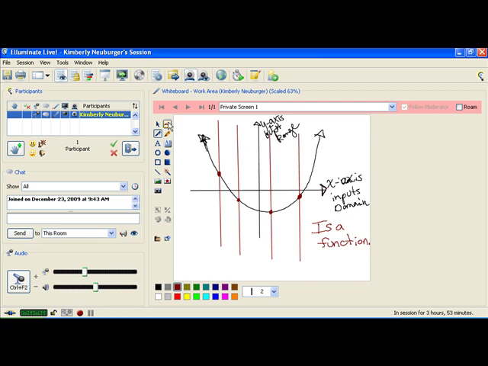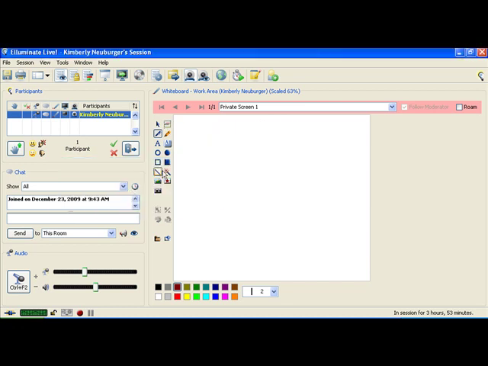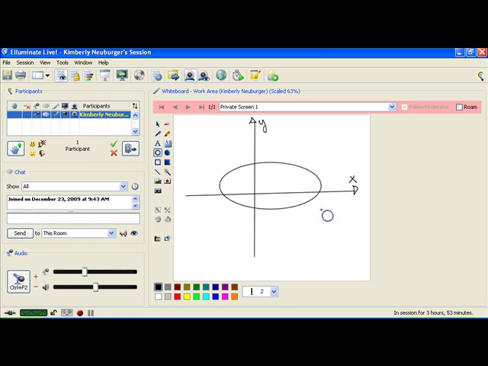Now you might have a graph of another situation, something that actually does have an equation, but it doesn't pass the vertical line test. For instance, if you continue on in math and you learn about equations of what we call an ellipse, which will look like this, you'll find that this actually does have an equation that involves x's and y's.